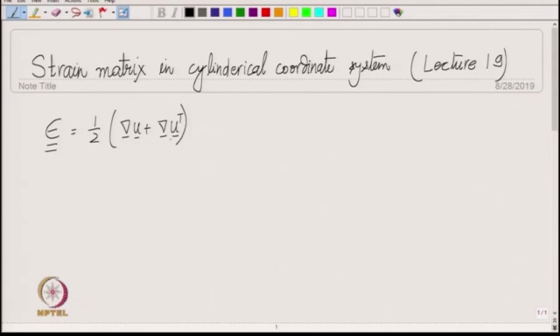That is the definition of the strain tensor, and as it is a tensor, it is independent of the coordinate system. Then we wrote this strain tensor in the Cartesian coordinate system. Just to give you a recap, that turned out to be the strain tensor when expressed in the Cartesian coordinate system, which is E1, E2, E3.